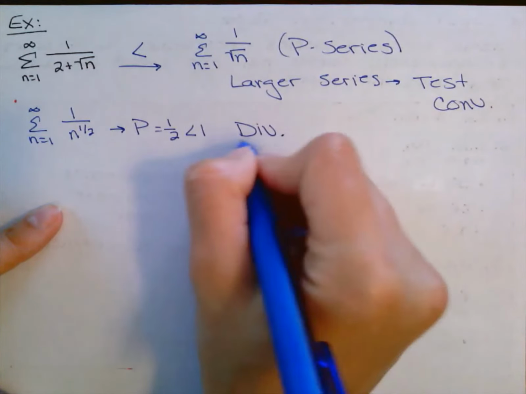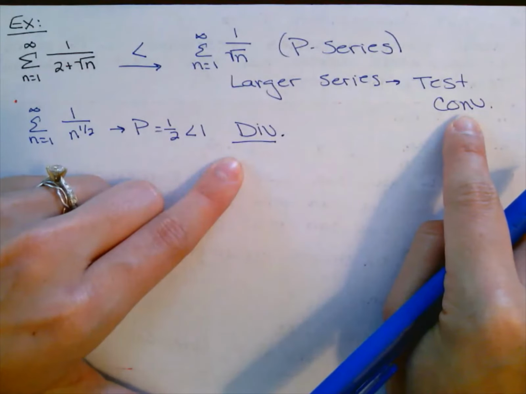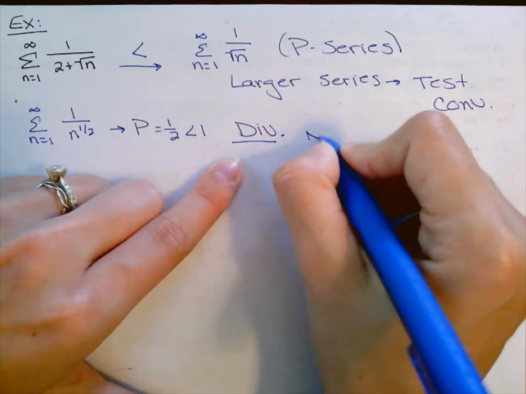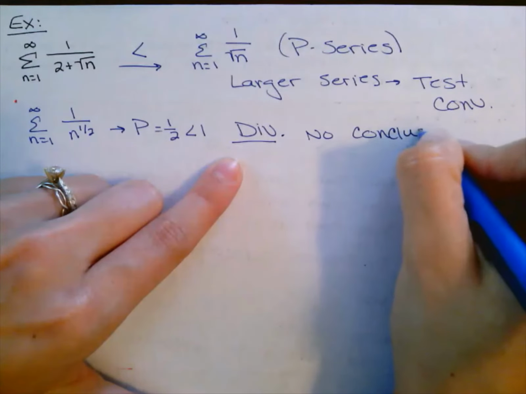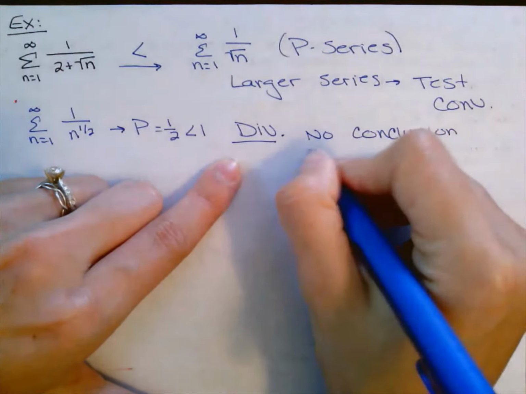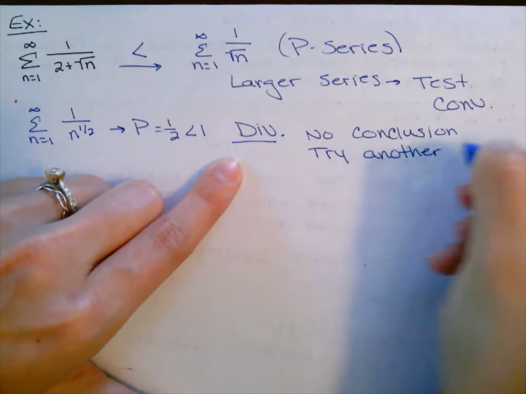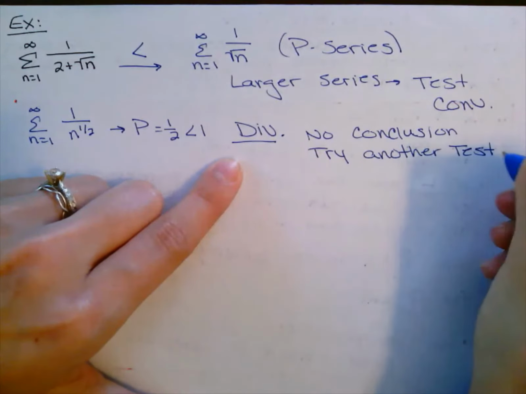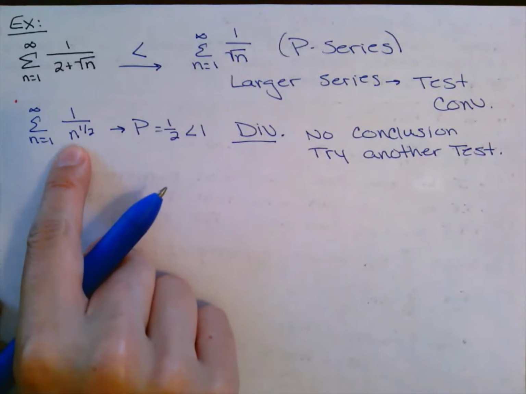So if this diverges, but I said I could only test for convergence, right now I have no conclusion, and I need to try another test. Okay? So you're not completely stuck here. We have more options, okay?